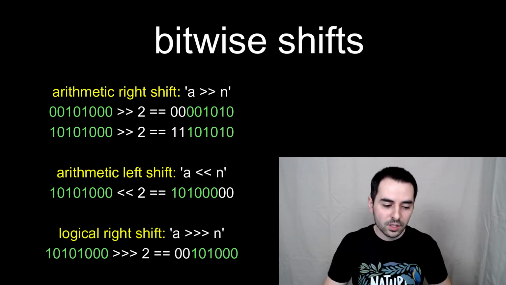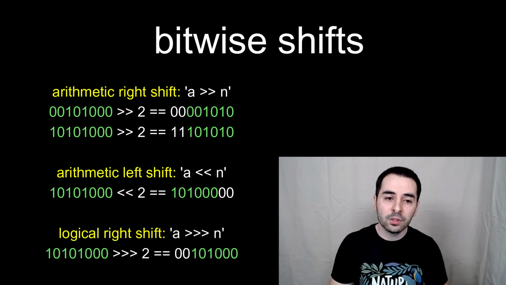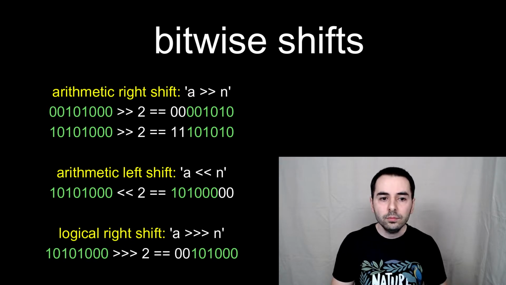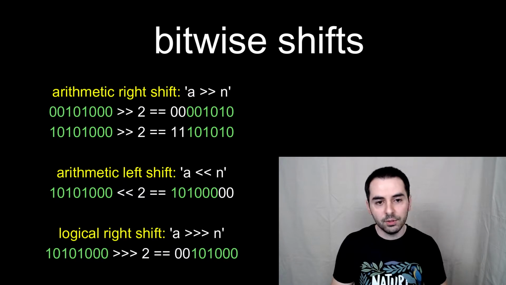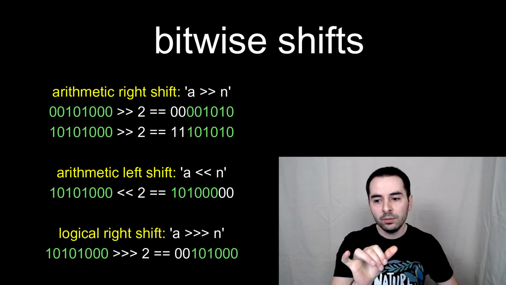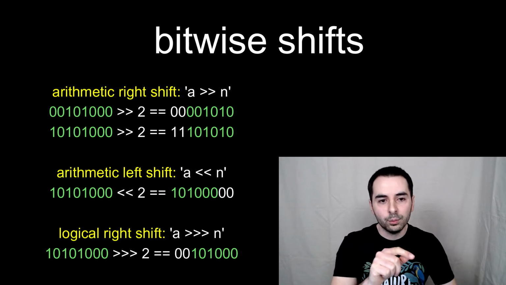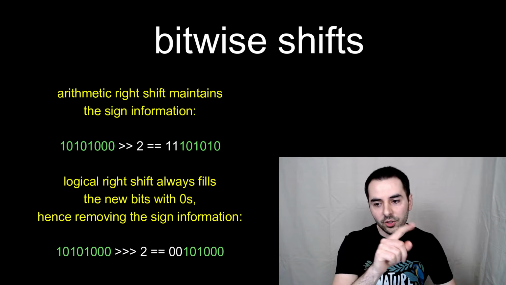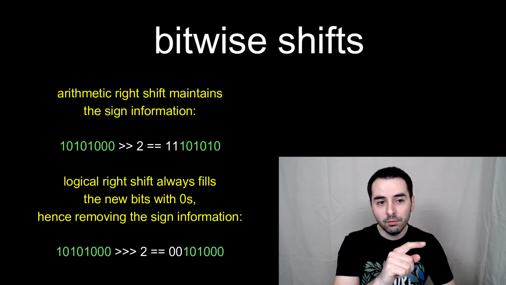There is a special case for negative numbers. Usually the negative numbers are represented by the same positive number, plus they add one extra bit at the very front.